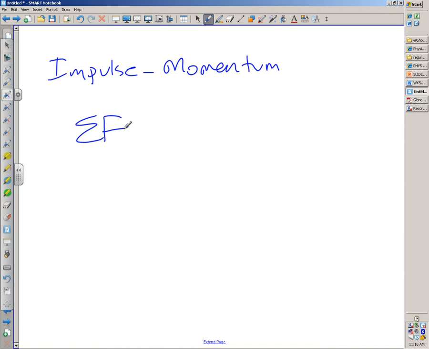Newton's second law, right? Sigma F equals m times a. And we said the one thing this equation maybe didn't tell us was the fact that acceleration actually depends on two things, right? What are the two things we said acceleration depends on? Time and change in velocity, right?